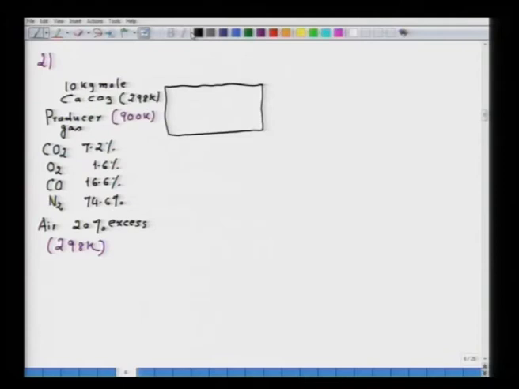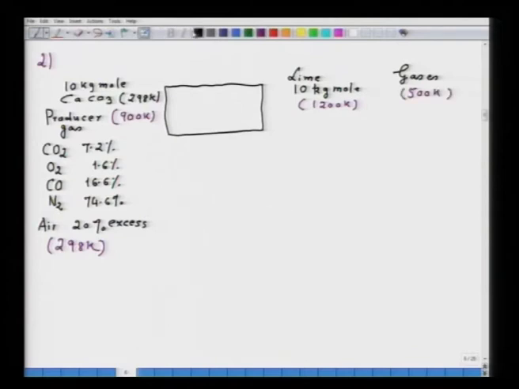Now, on the output side, your lime, which is 10 kg mole, and say lime is discharged at a temperature of 1200 Kelvin, and the gases, they discharge at 500 Kelvin.